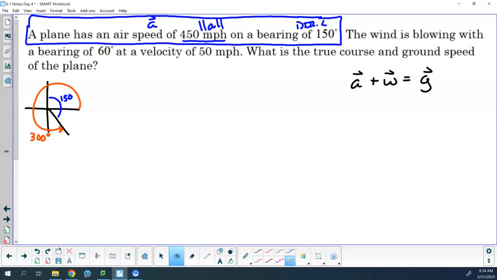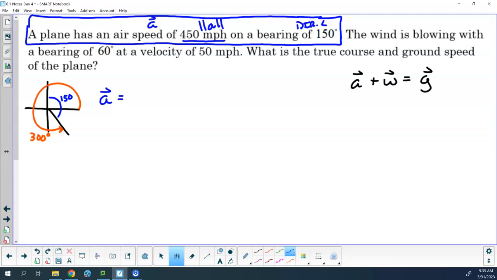Okay? So how am I going to find vector A? Based off of maybe the previous page. How am I going to find vector A? It's an in general box. Of what?